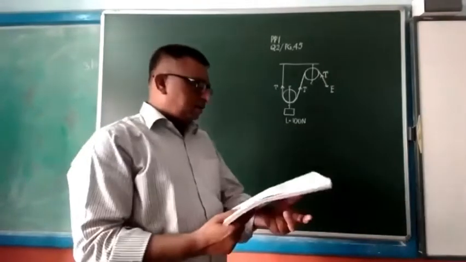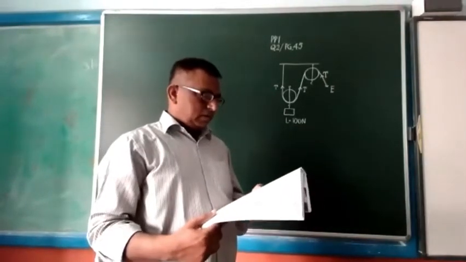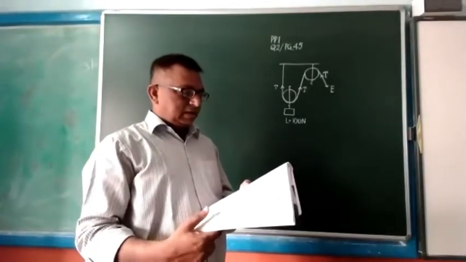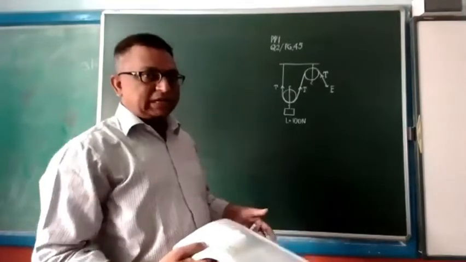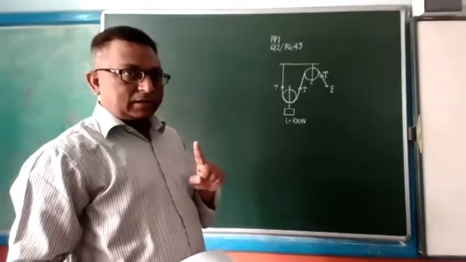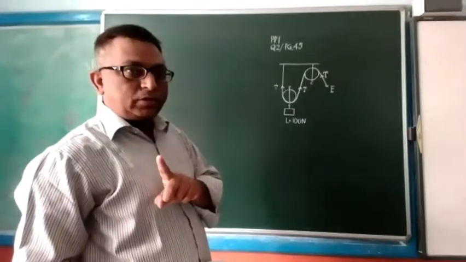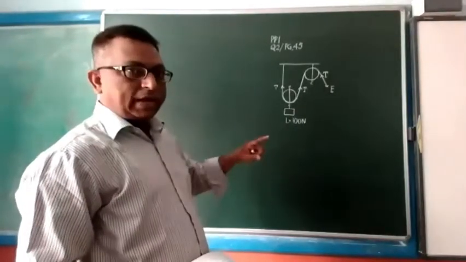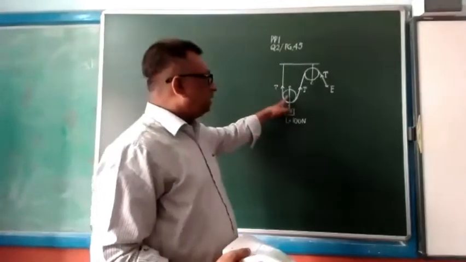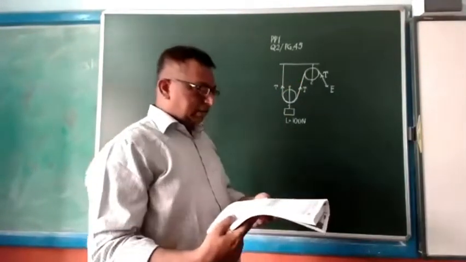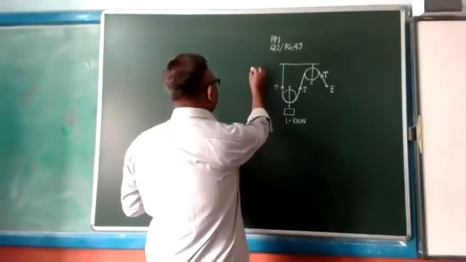So these are the directions of force due to tension, marked in various parts of the string. A single rope is used, which passes over this mobile pulley and this fixed pulley. This is part A.